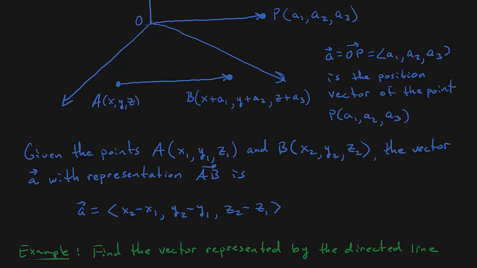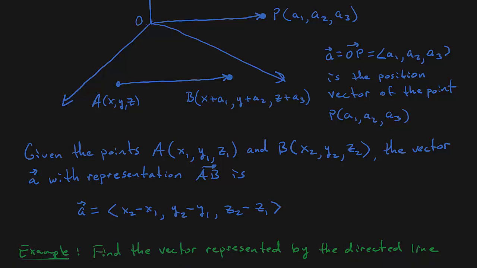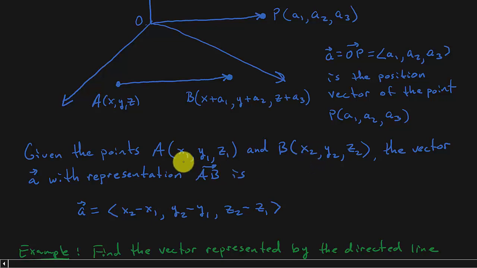If they give you 2 points A and B, then the vector would be x2 minus x1, that would be this component, y2 minus y1, that would be this one, and z2 minus z1, which would be that one. That would be vector AB, or, if we want to just call it vector A.